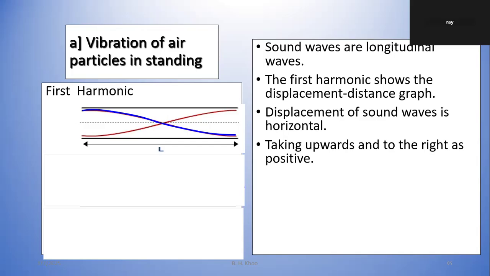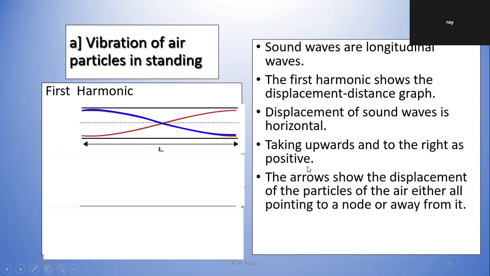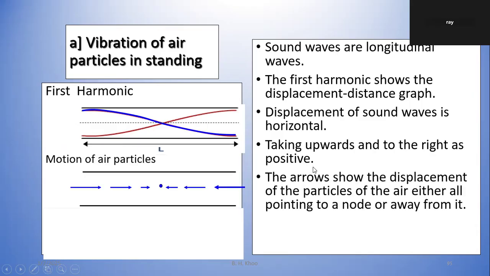Taking upwards as positive, normal convention, upward as positive, and to the right as positive. Arrows show the displacement of the particles of the air, either all points to the node or all away from it.